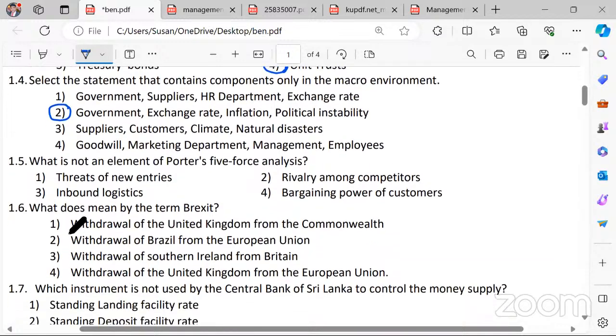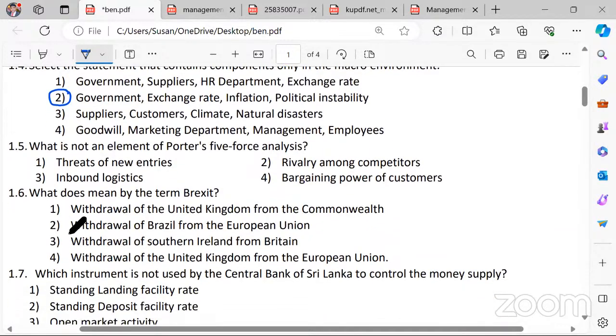Right. What is not an element of Porter's 5-force analysis? Now, who can say what those 5 forces are? Anyone can voluntarily answer before I nominate.